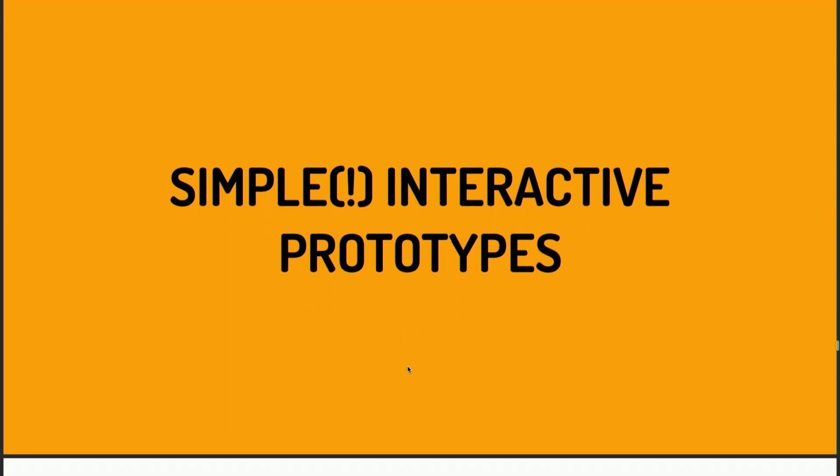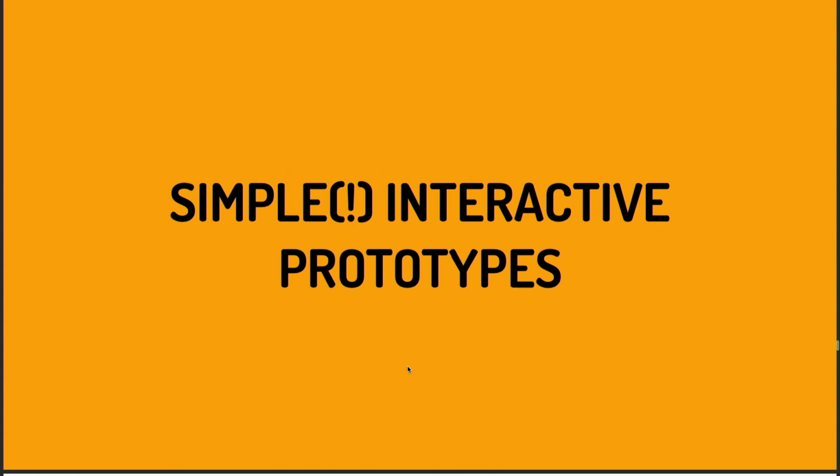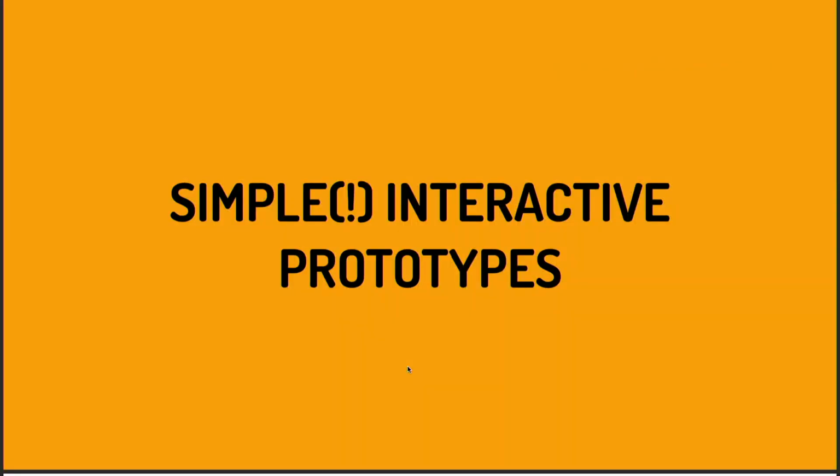So simple interactive prototypes. This is I guess the highest level of fidelity. Now, this is the way that I do it. It might not be the way you want to do it. I use C++ because I have to, because it's the only thing I really know. And for this stuff, I'm using something called Open Frameworks, which is a sort of creative coding toolkit.